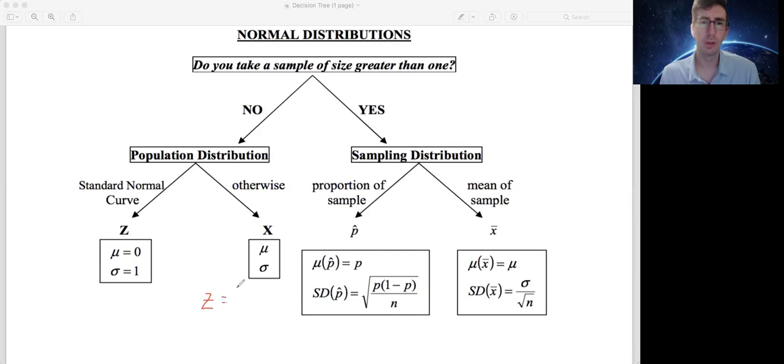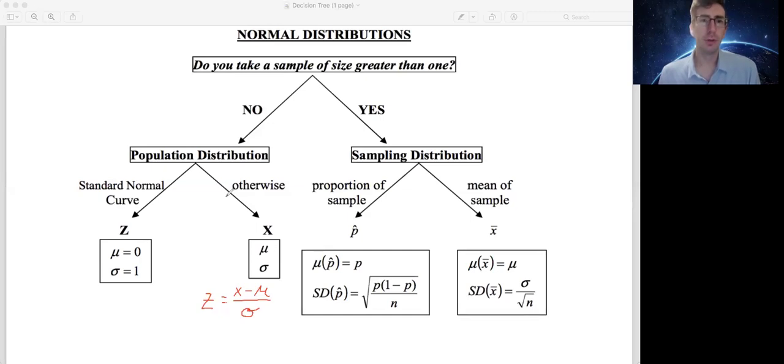And the way we do this, right, is we take that x value that we're asked about, we subtract it from the population mean that we are given, right, or told about, that comes from our population distribution. And then we just divide by that population standard deviation, right?